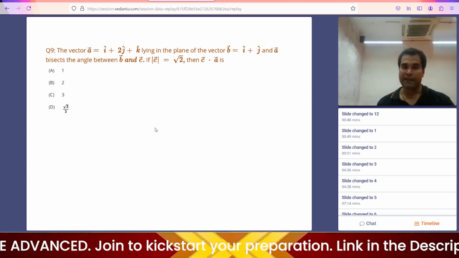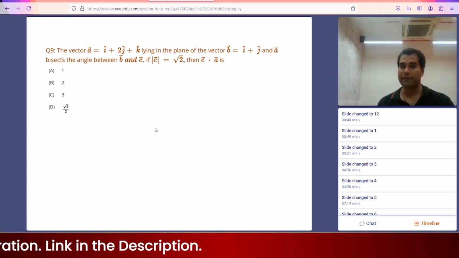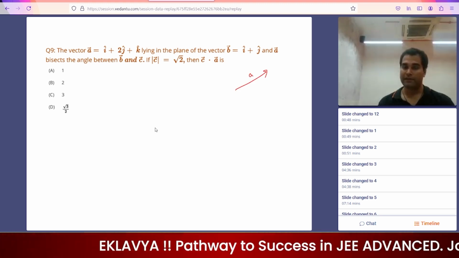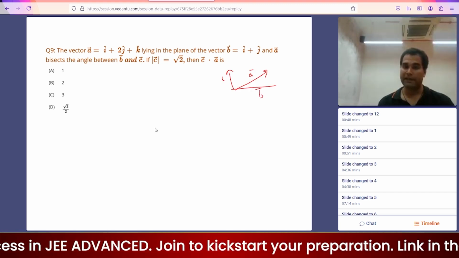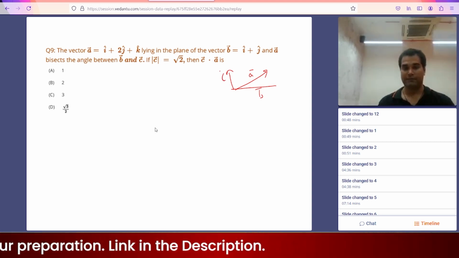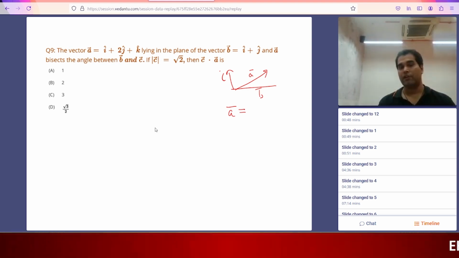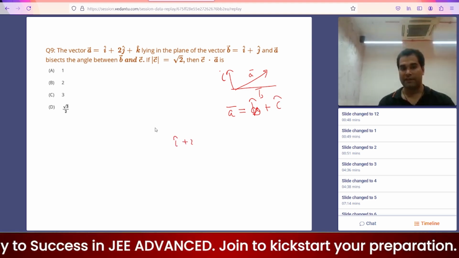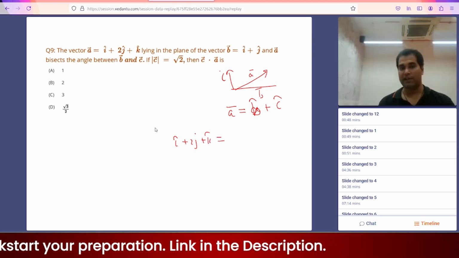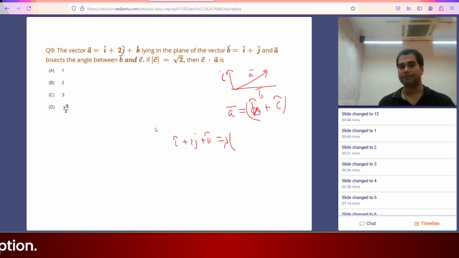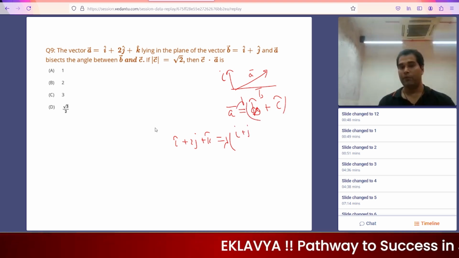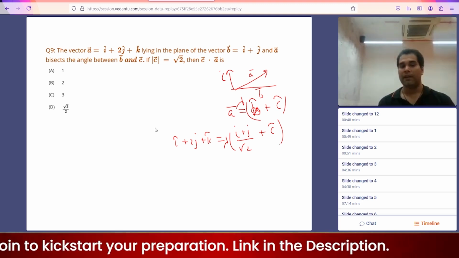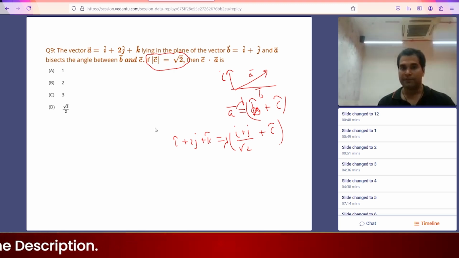Now, next question. Given that vector A lies in the plane of vector B and vector C, and vector A bisects the angle between B and C. As we know the concept, the bisector of any vectors is also written as the unit vector of B plus the unit vector of C. Here it is given that vector A equals i plus 2j plus k, equal to lambda times, because the magnitude will be different, the unit vector of B, meaning (i plus j) by root 2, plus the unit vector of C. Now, here it is given that the magnitude of C is root 2.